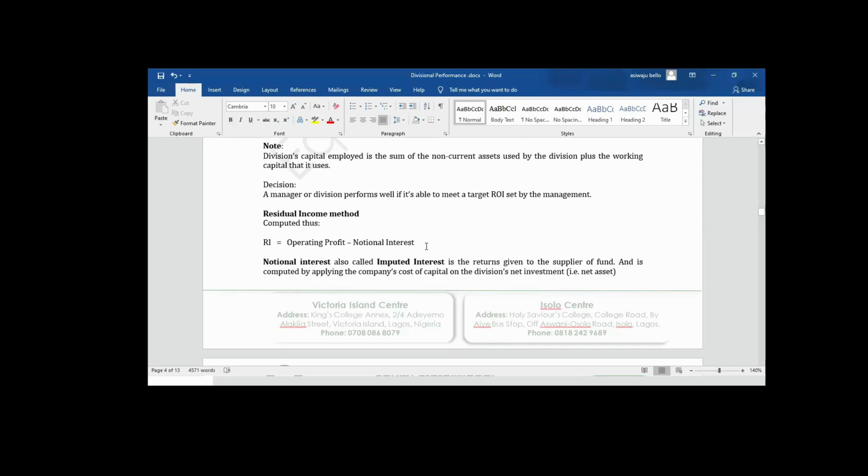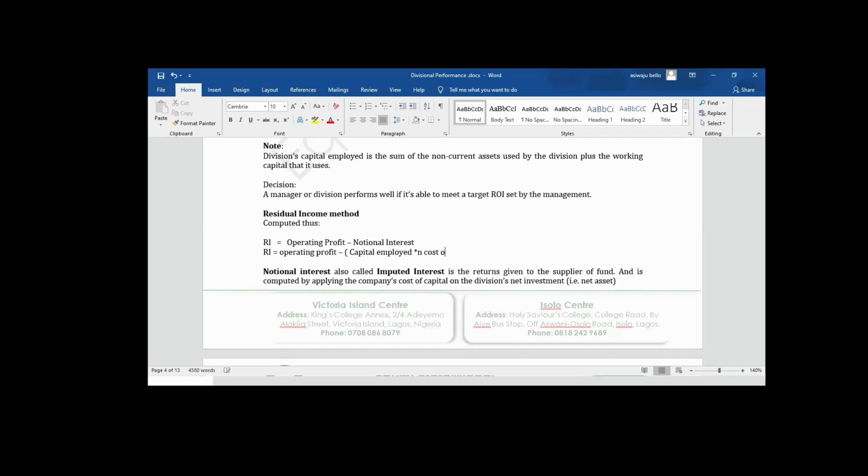You can adjust this as your residual income is equal to operating profit minus, open a bracket, capital employed multiplied by cost of capital.